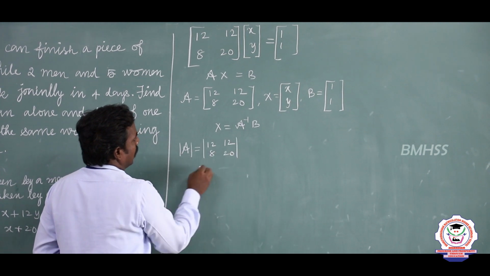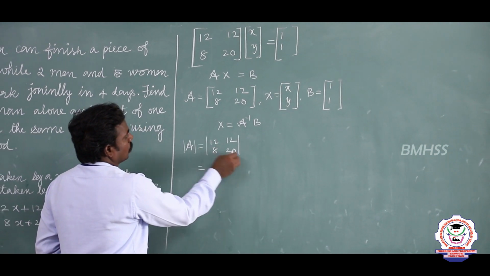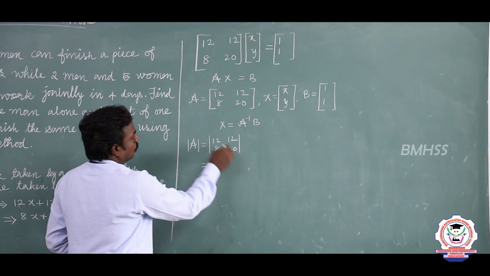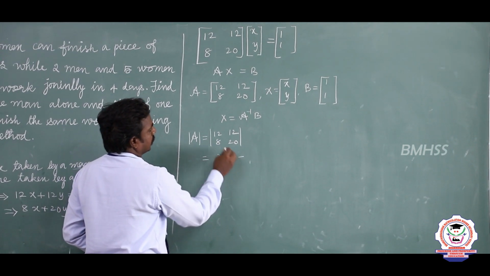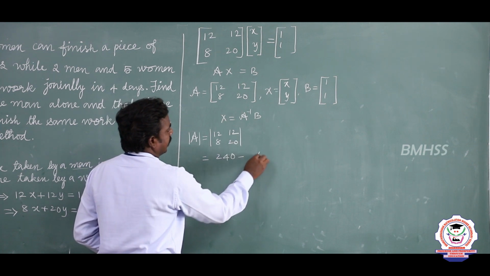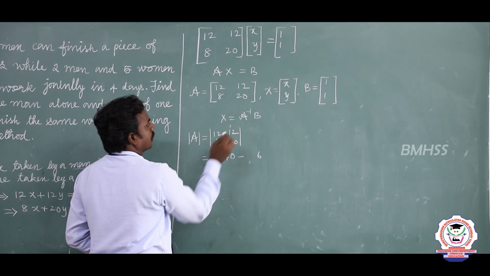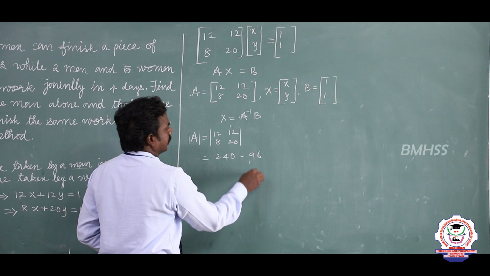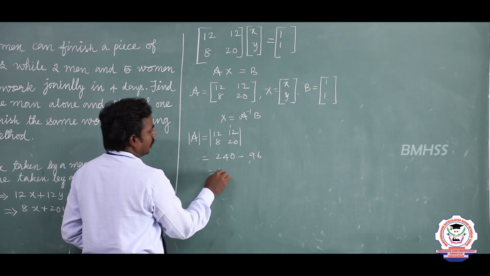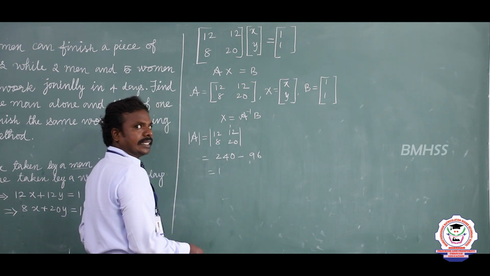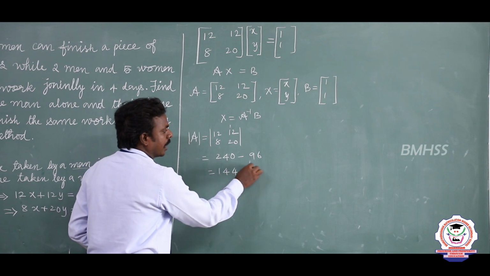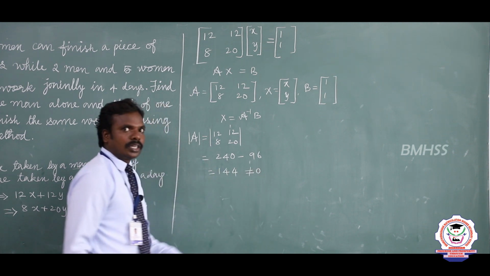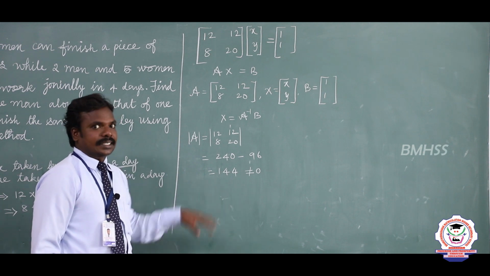Take cross multiplication: 12 into 20, 12 twos are 24, 240, minus 8 into 12, which is 96. This is equal to 240 minus 96, that is 144. This is not equal to 0. If you get not equal to 0, A inverse exists here.